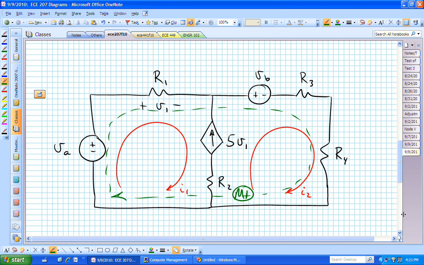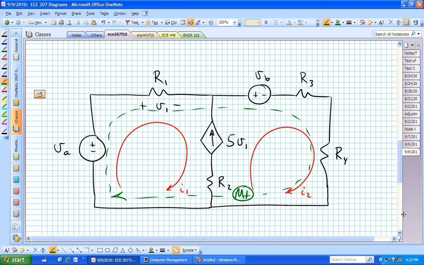So we don't really care so much about the polarity of the voltage. We just do it obeying the passive sign convention, and we understand that as we're moving around mesh 1 or mesh 2, those polarities will take care of themselves if we write that particular drop consistent with the mesh we're on.